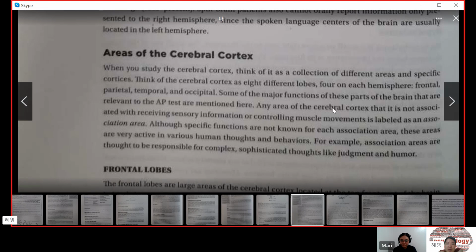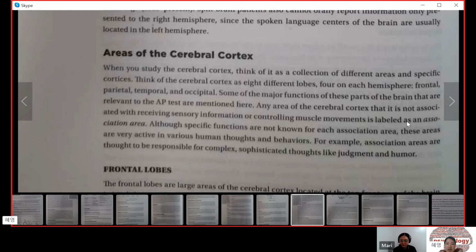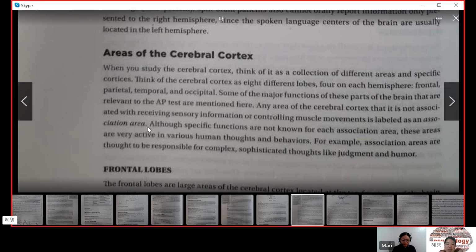Any area of the cerebral cortex that is not associated with receiving sensory information or controlling muscle movement is labeled as an association area.